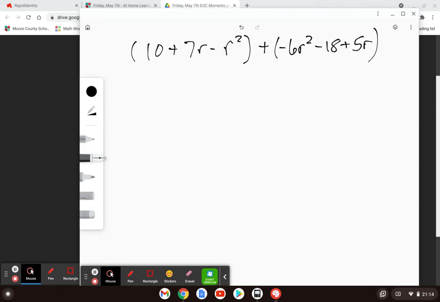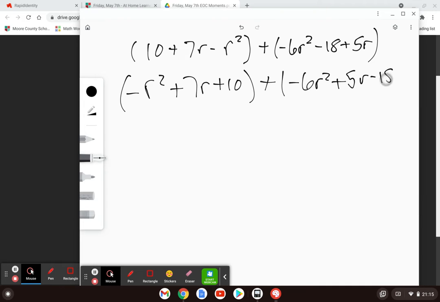All right, so if I look at both of these, neither of them are in standard form. So I'm going to rewrite this one first as the negative r squared plus 7r plus 10. The negative 6r squared plus 5r minus 18. All right, so now they are both in standard form.